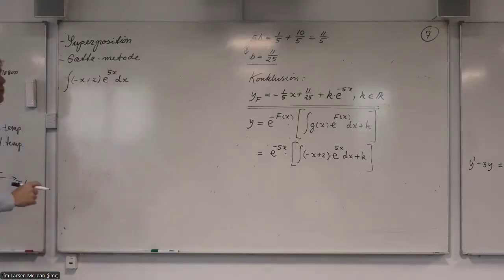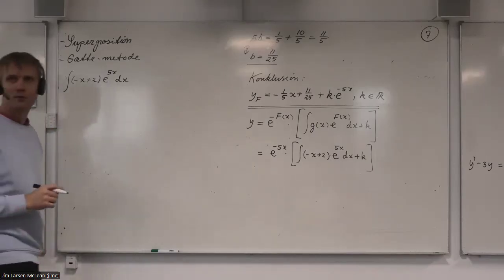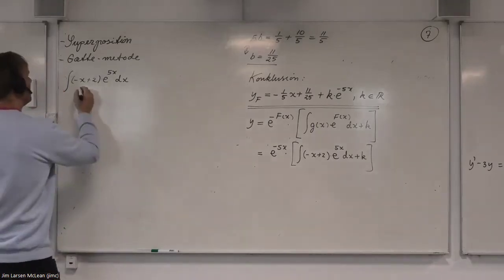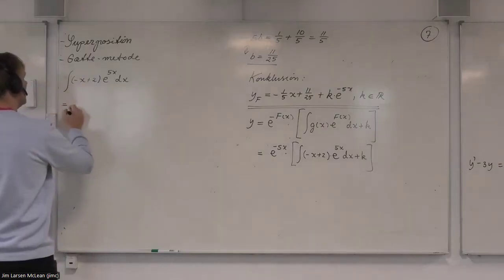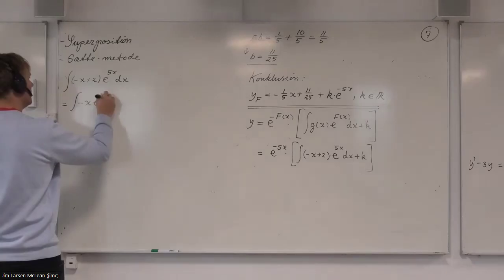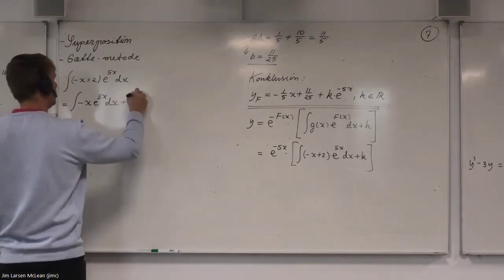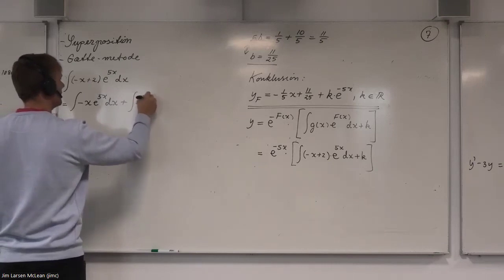And that's where the guess method is clever, as it allows you to avoid that integral. You'd prefer to avoid it when you encounter it, as it's not exactly easy, but you can multiply in and get two integrals. The integral of negative x times e to the power of 5x, and when I multiply in there, I get plus 2 multiplied by e to the power of 5x.